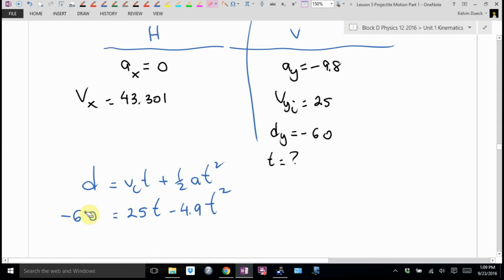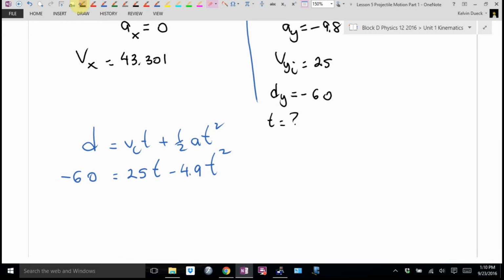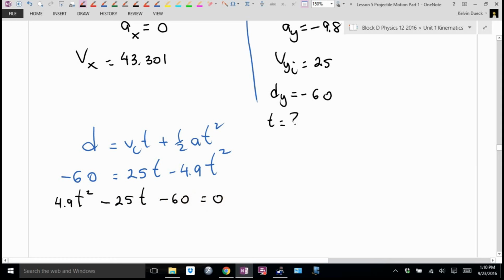So even though it would be easiest to plus the 60 over, since I'm doing it all in my head anyhow, I'm going to plus that and minus, personal preference. I'm going to get positive 4.9 t squared minus 25t minus 60 equals 0.